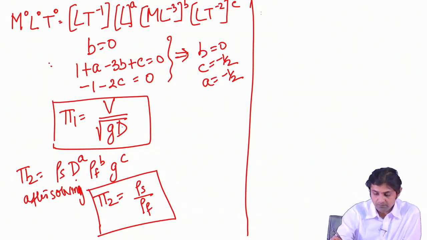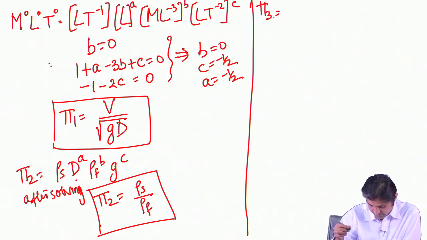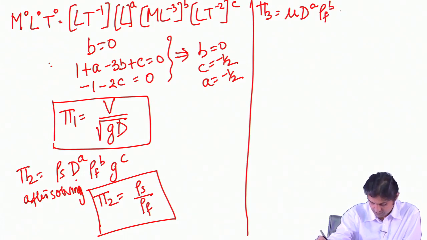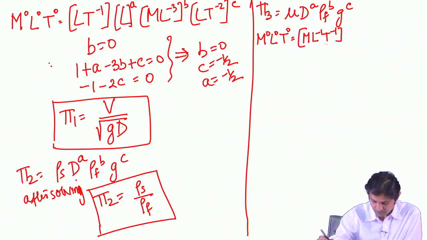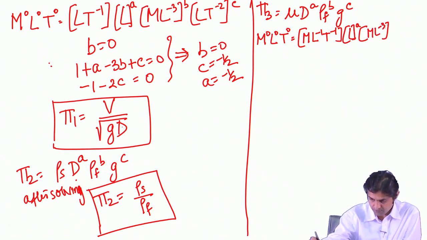Now, the third term, pi 3, will be the last non-repeating variable, which was mu, with d to the power a, rho f to the power b and g to the power c. So, m to the power 0, l to the power 0, t to the power 0 is equal to m l minus 1 t minus 1, l to the power a, m l minus 3 to the power b, g to the power c.